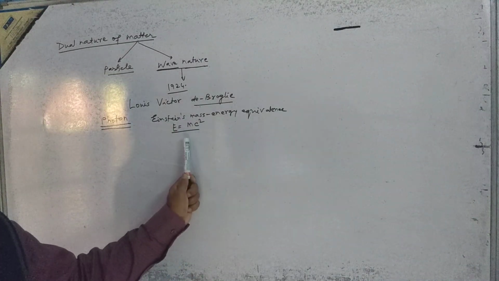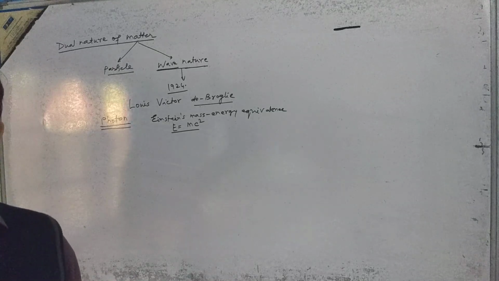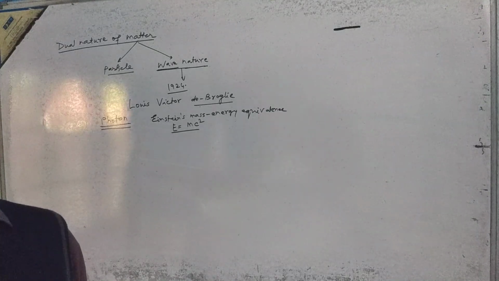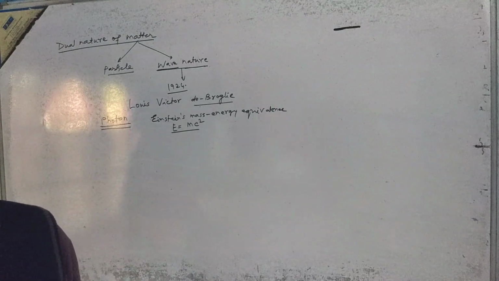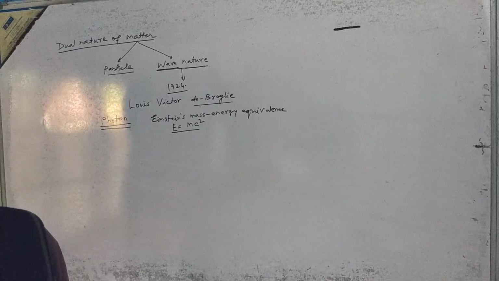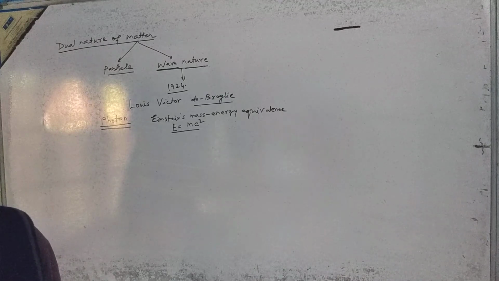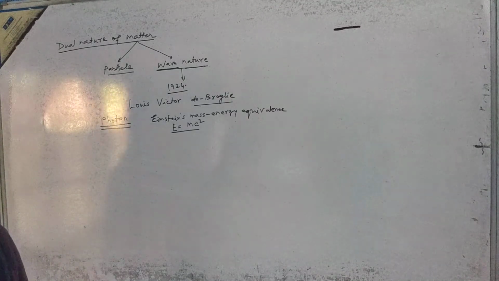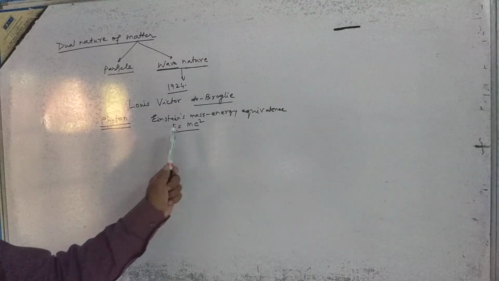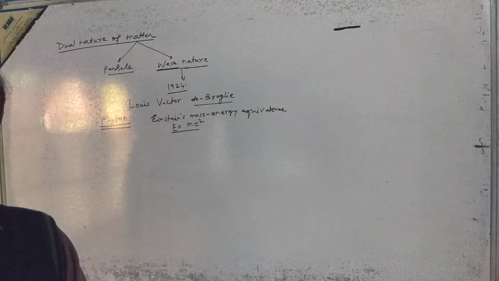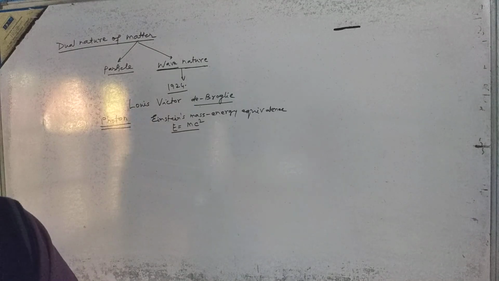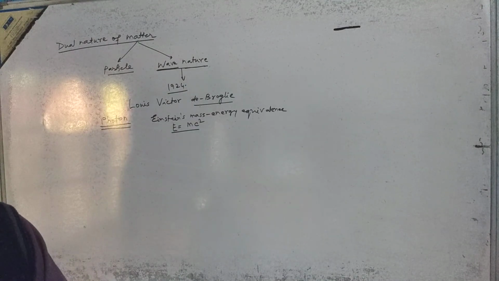This equation is applicable to those particles which are moving with the speed of light, and the photon is a particle which is supposed to be moving with the speed of light. So since the photon moves with the speed of light, we can consider E = mc².